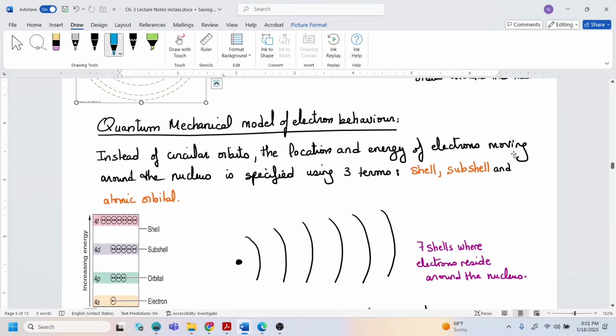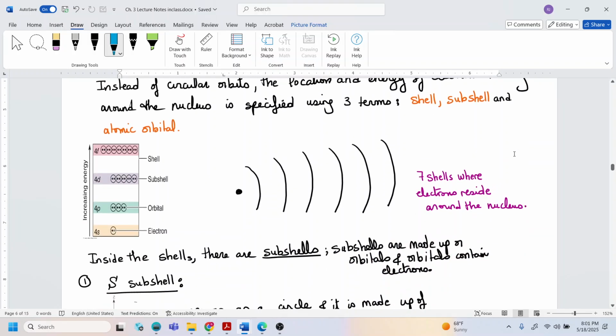So instead of circular orbits, as I just said, the location and the energy of the electrons moving around the nucleus is normally specified within three terms: shell, subshell, and atomic orbital. So let's have this model.